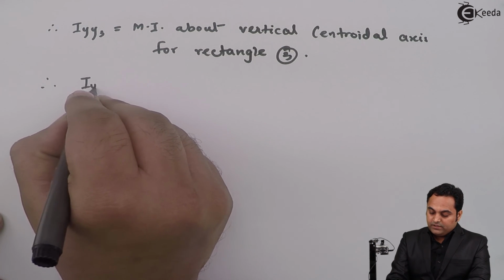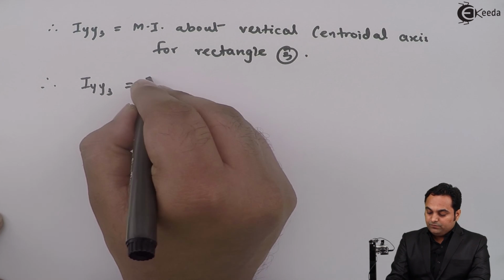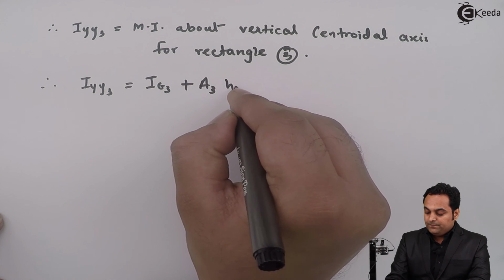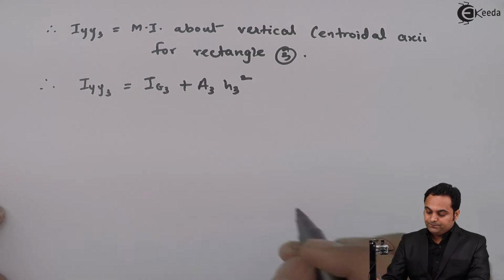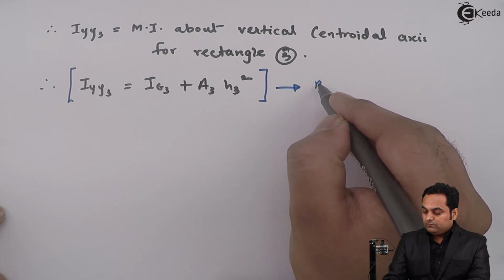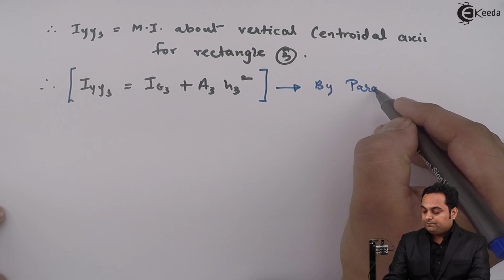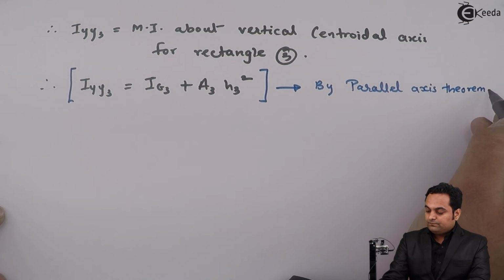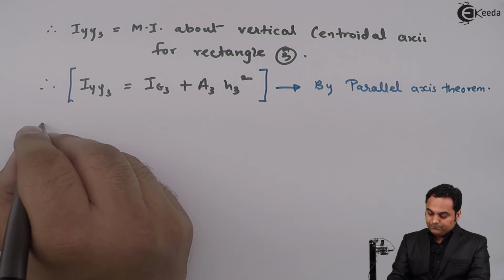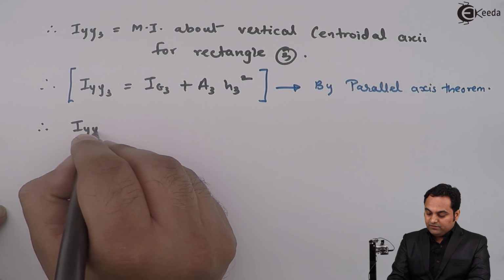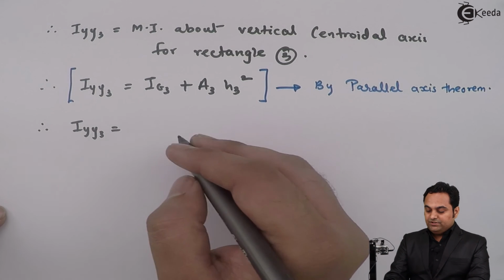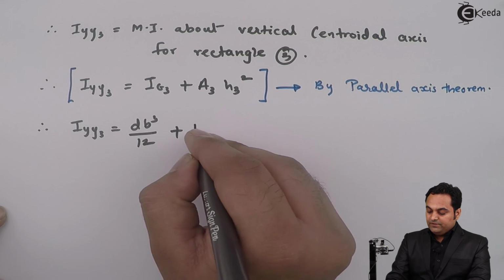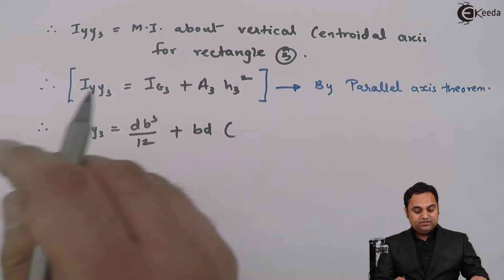Therefore Iyy3 is equal to Ig3 plus area 3 into h3 square, by parallel axis theorem. So therefore Iyy3 will be equal to Ig3, which is db cube by 12, area is b into d, and h3 is the distance.